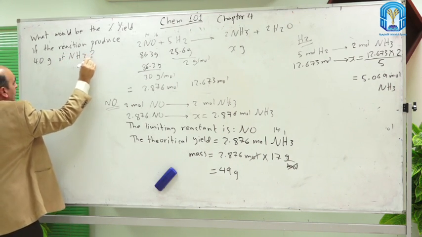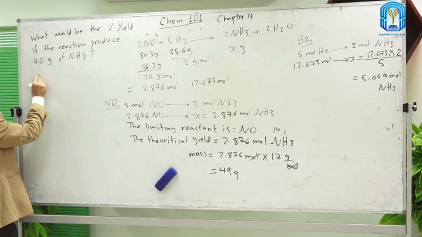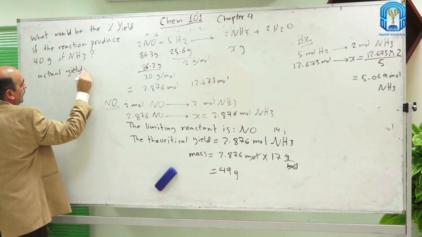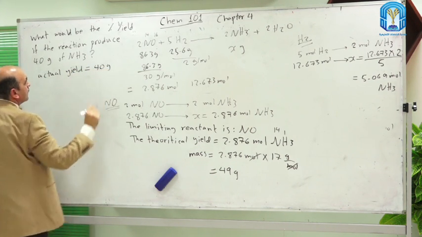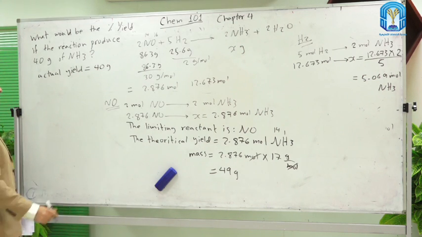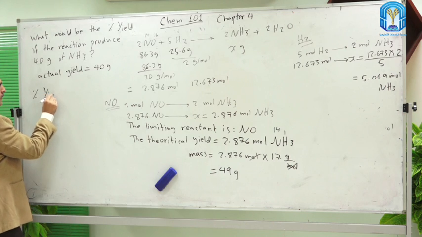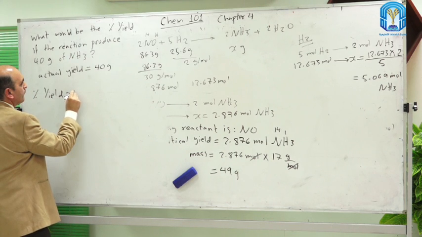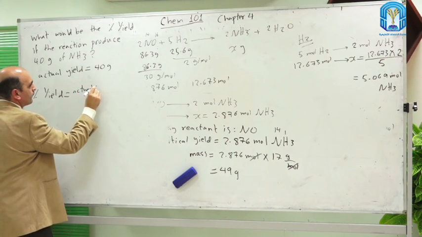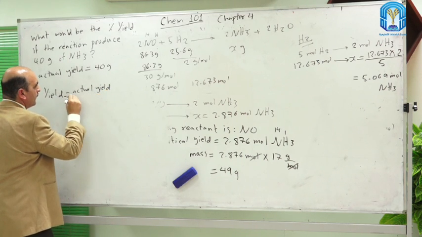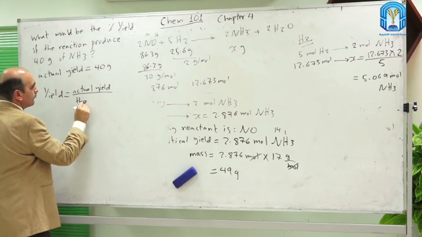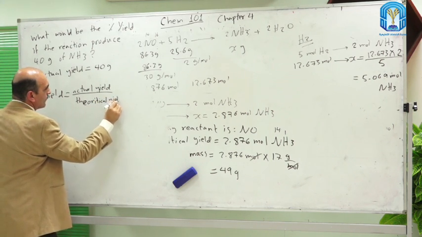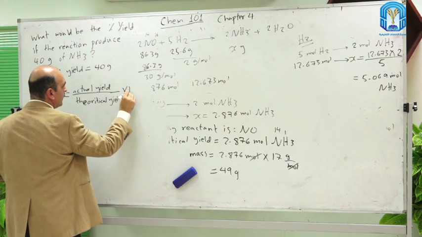So here that means the actual yield is equal to 40 grams, and we have the theoretical yield 49 grams, so the percent yield is equal to actual yield divided by theoretical yield, and this is all multiplied by 100%.